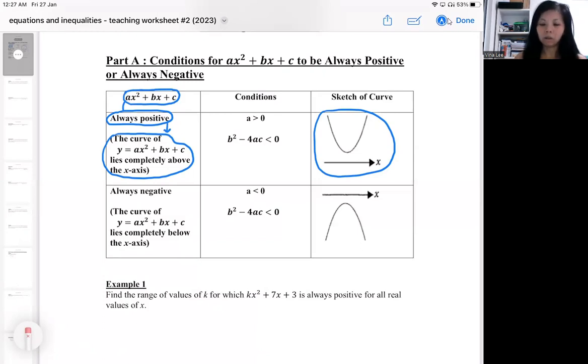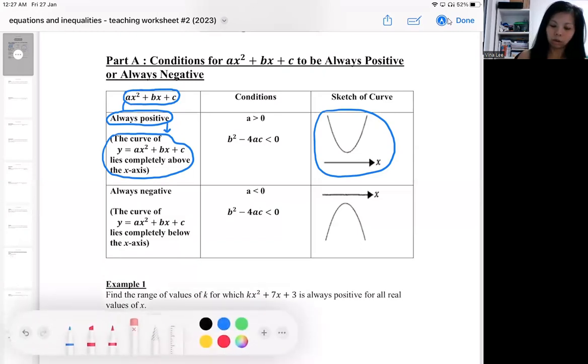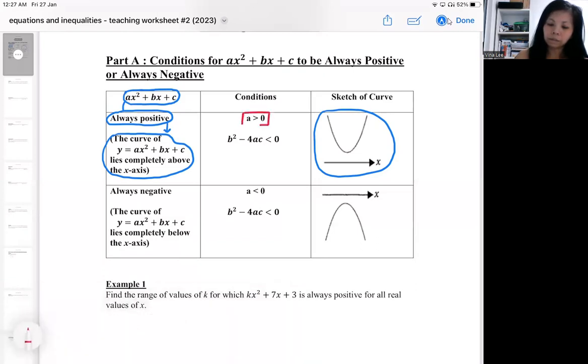What are the conditions for this? A has to be positive. A is the coefficient of x squared. Why does it need to be positive? Because only when A is positive will you get a smile graph. So this condition for A positive is to ensure that you get a smile graph.